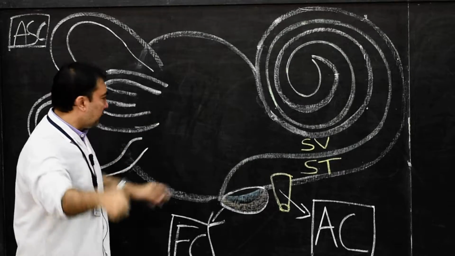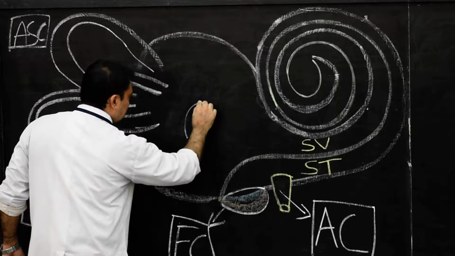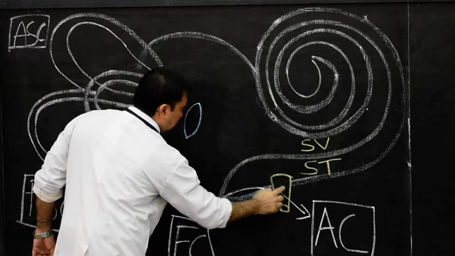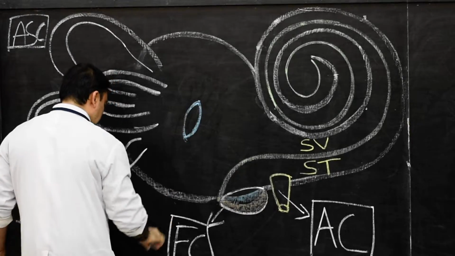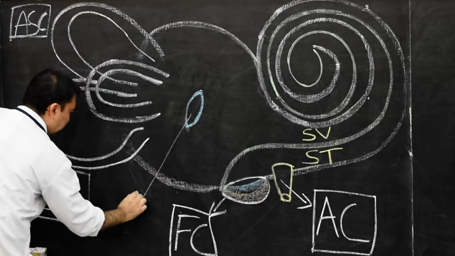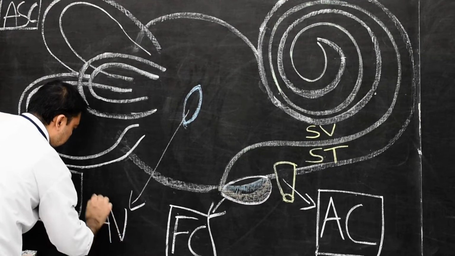What are they? The first one we make, just like the aqueduct of cochlea, is the aqueduct of vestibule. What I have drawn here, I will mark as aqueduct of vestibule.